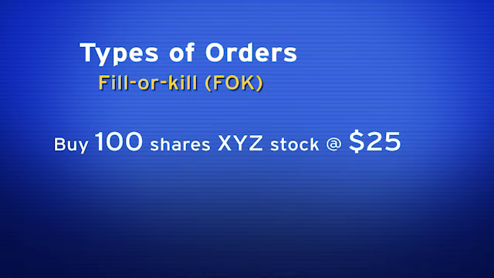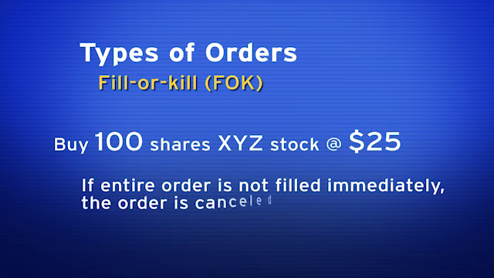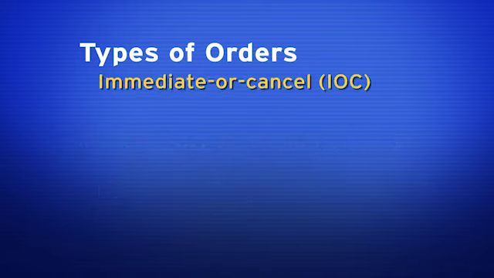That order is entered. If the entire amount of the order is not filled immediately, then the order is canceled. Fill or kill. Fill the entire amount of the order or cancel the order. No partial fill.